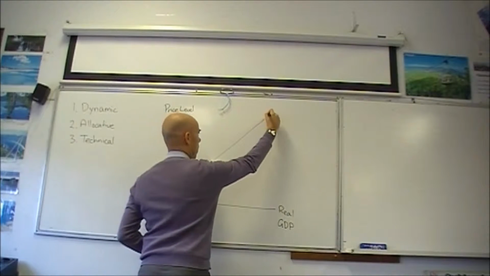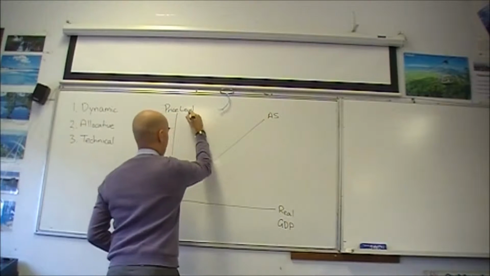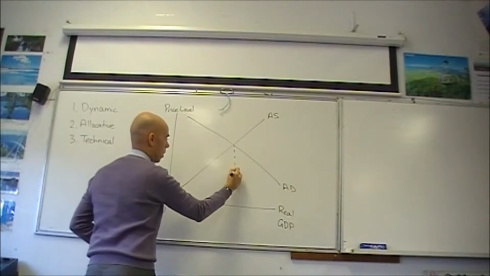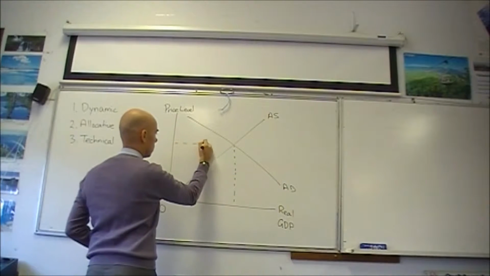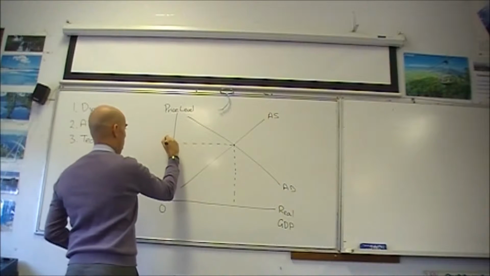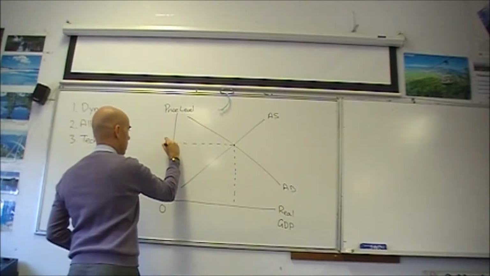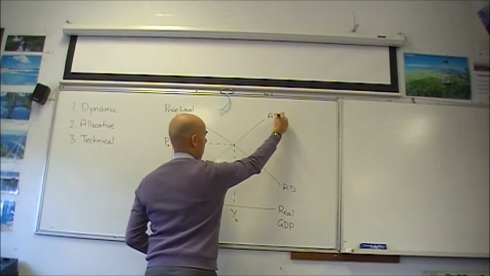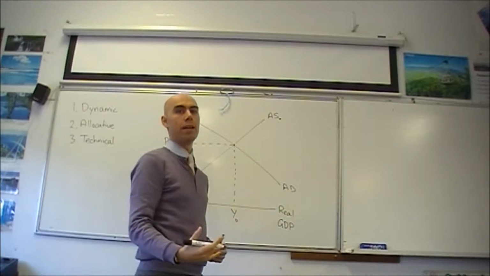You've got your aggregate supply and your aggregate demand over here. Okay, and that gives us our initial point of equilibrium, which is P0 and Y0, and it's going to be AS0. What does free trade allow?